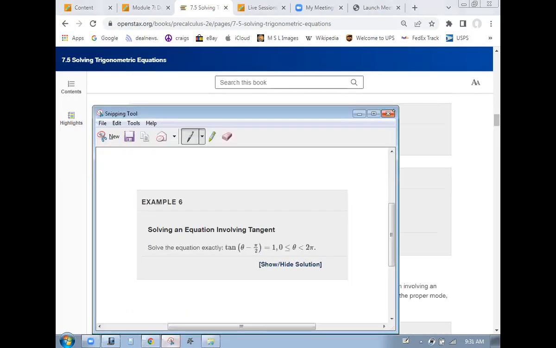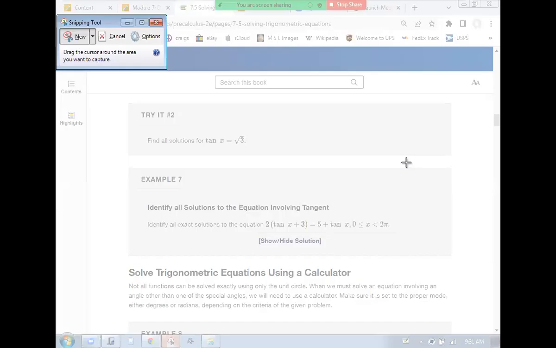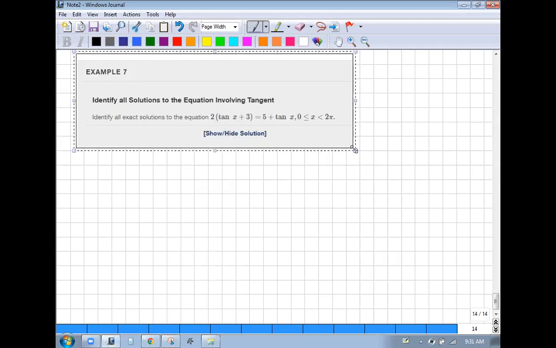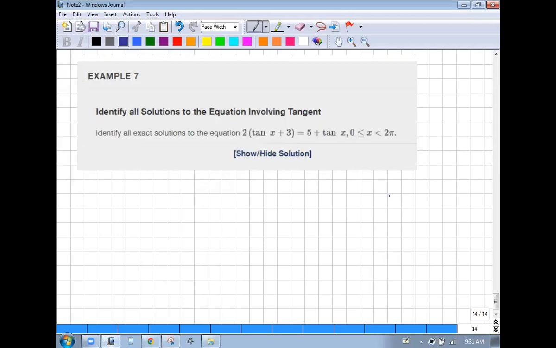Hey, let's do this one. This has a whole bunch of stuff in it. All right. So now there's tangents everywhere. That's no big deal, right? Whenever you have something with x's everywhere, you consolidate your x's, right? Get them all together. So let's see.